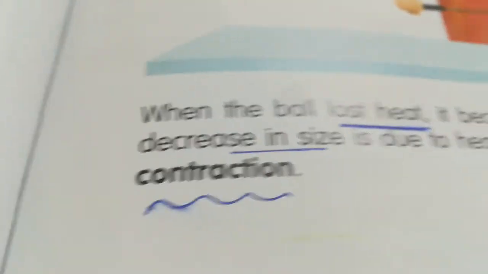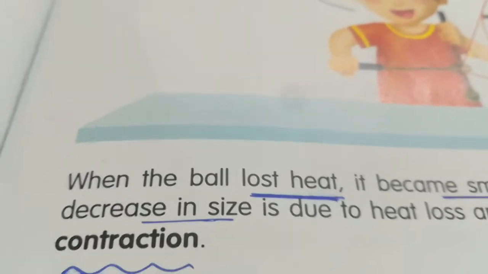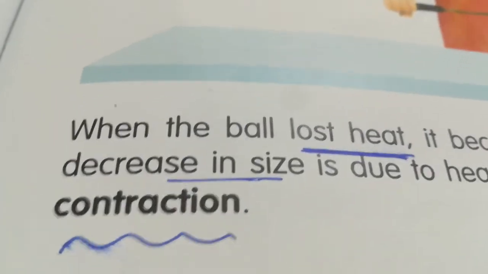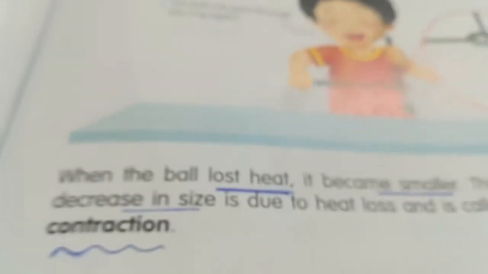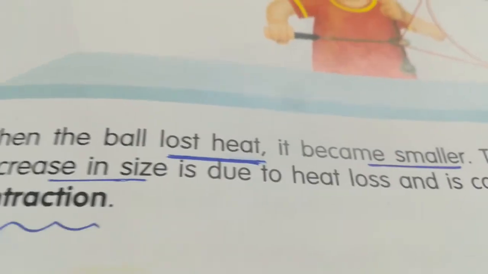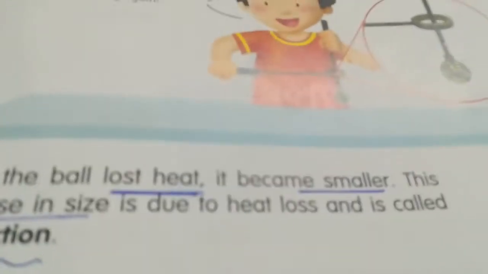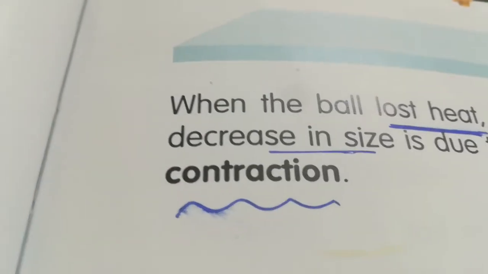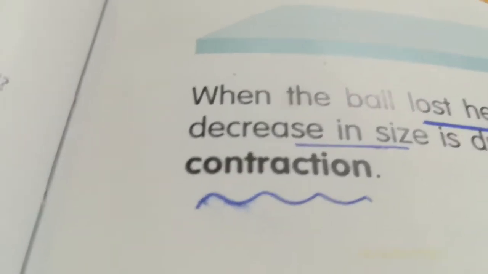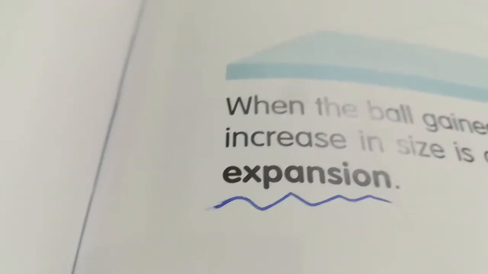Why? Because when the ball lost heat, it became smaller. This decrease in size is due to heat loss and is called, what do we call it, kids? We call it contraction. So contraction is the opposite of expansion.